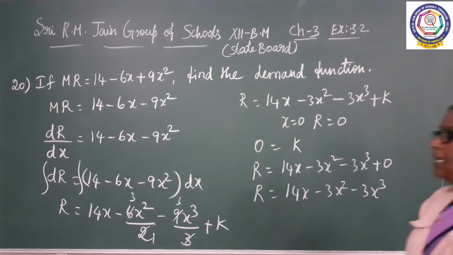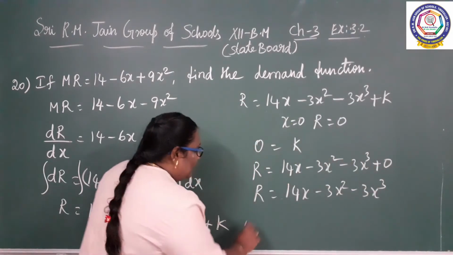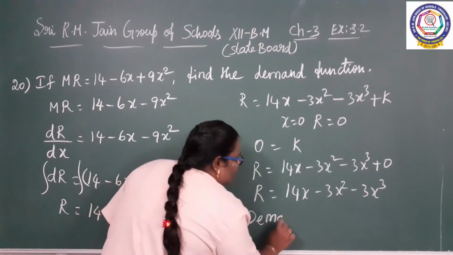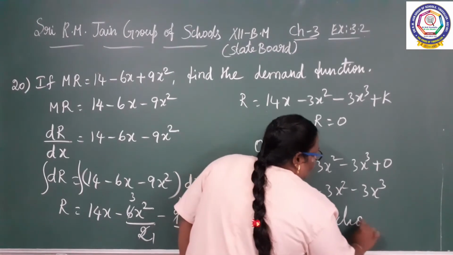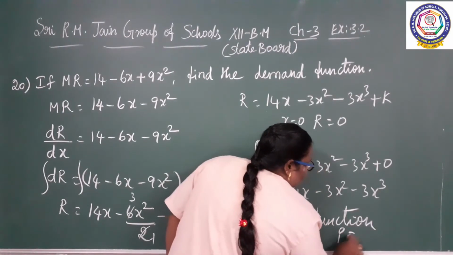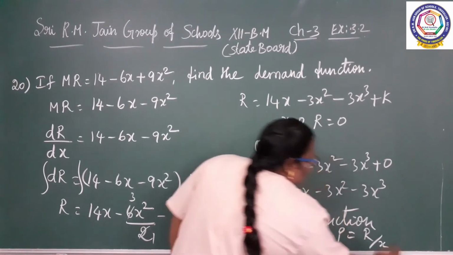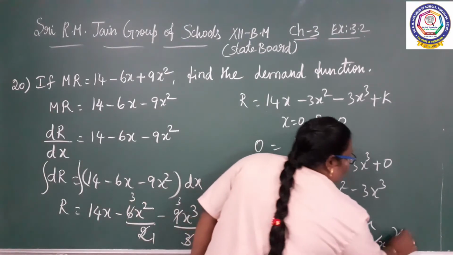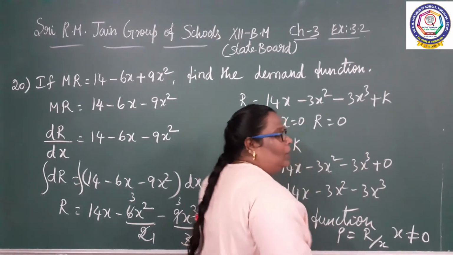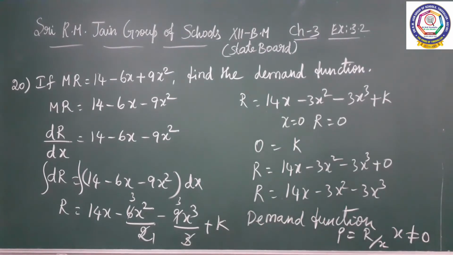Demand function P equal to, what is the formula? Yes, it's correct, R by X, where X not equal to 0.